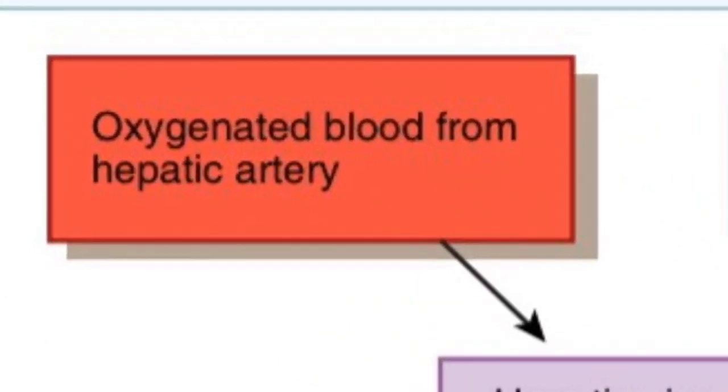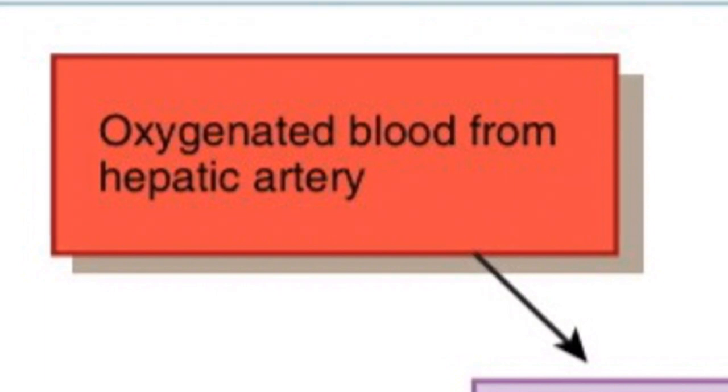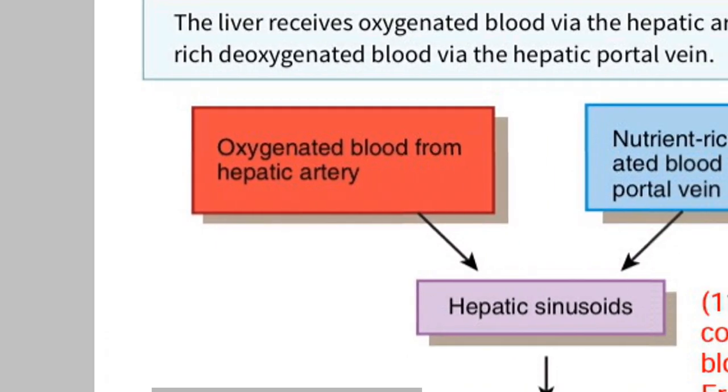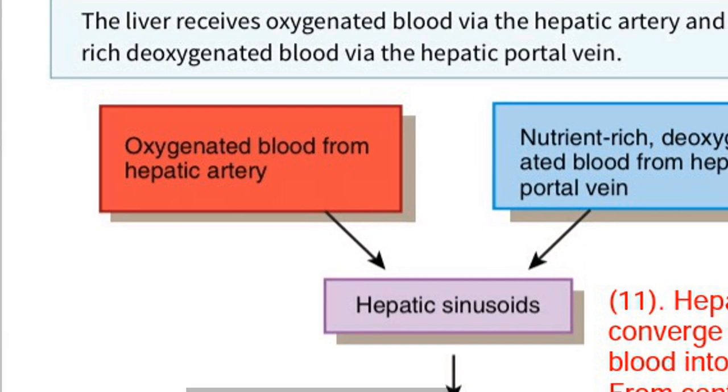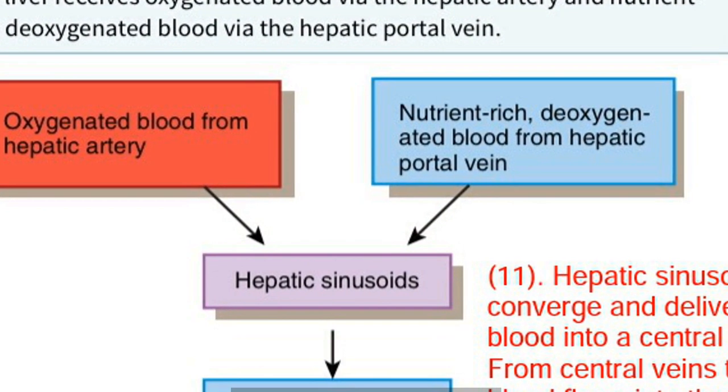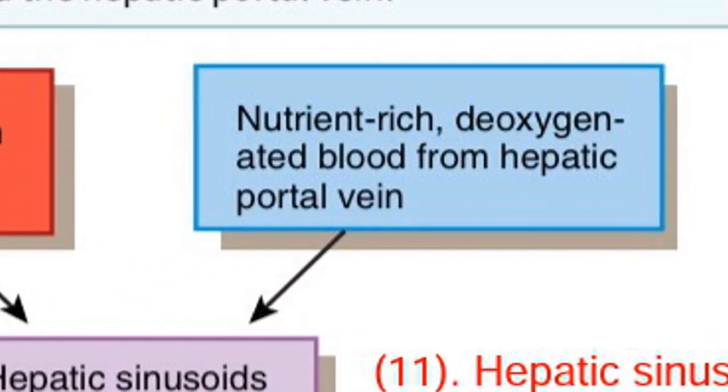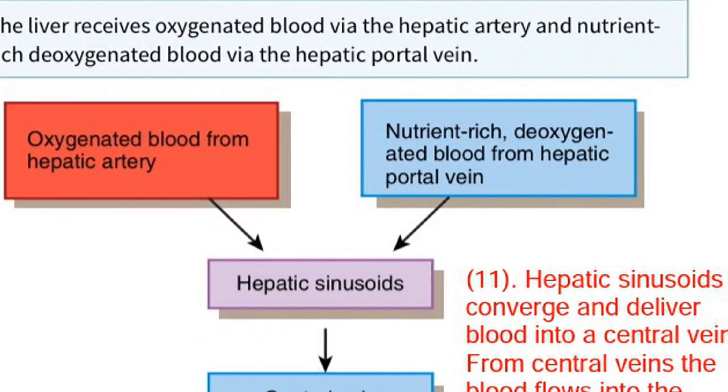Here let's discuss this red rectangle box. In the red rectangle box, oxygenated blood from the hepatic artery. So hepatic sinusoid is receiving oxygenated blood from hepatic artery. Hepatic sinusoid is receiving nutrient rich deoxygenated blood from hepatic portal vein. So this is how hepatic sinusoid is filled with the blood, oxygenated or deoxygenated.